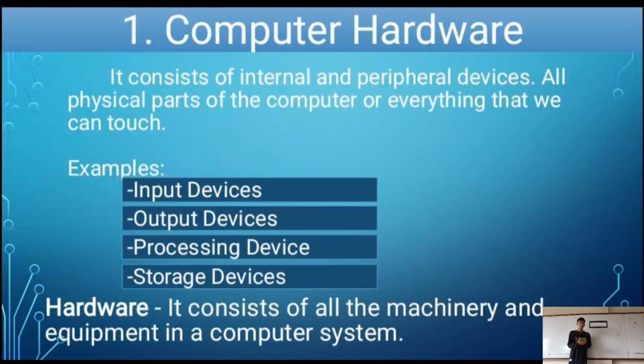Examples: input devices, output devices, processing devices, and pointing devices. Hardware consists of the machinery and equipment of a computer system, the elements of the computer that are physical.